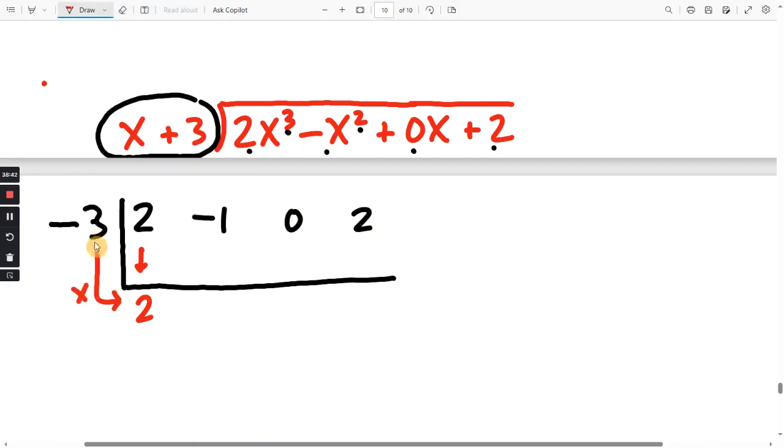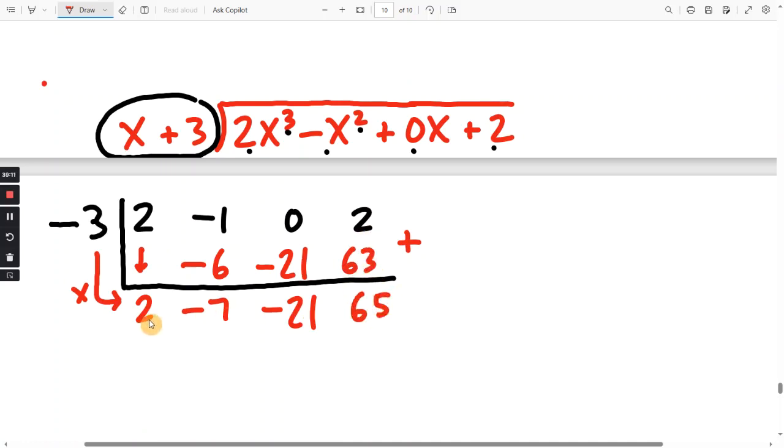So -3 times 2 is -6. And vertically we are actually adding. -1 plus -6 is -7. -3 times -7 is 21. 0 plus 21. -3 times 21, that's going to be 63. 2 plus 63 is 65.